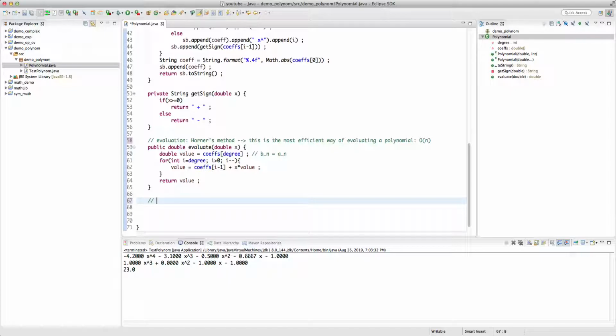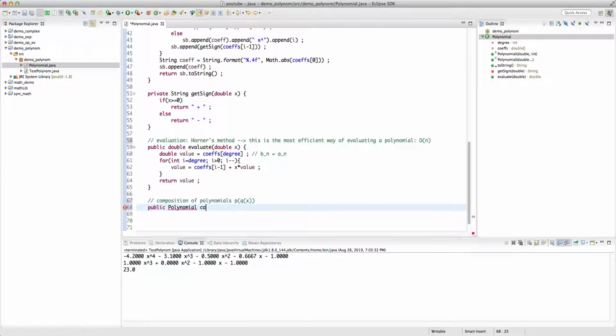Now the other thing that I mentioned is that we can use exactly the same Horner's method to do composition of polynomials. And composition simply means replace the x by another polynomial, q of x. So public, and it should return a polynomial.